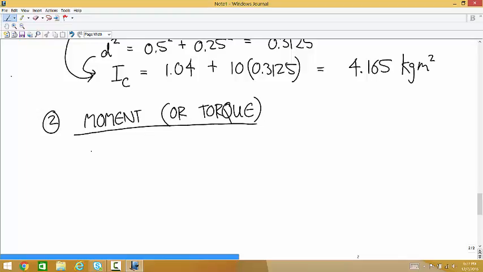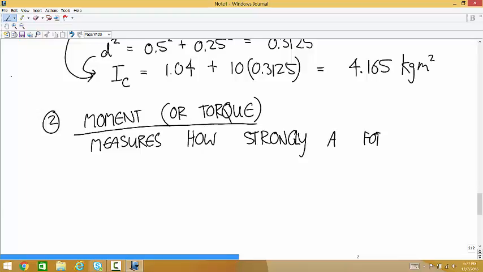It measures how strongly a force contributes to a rotation.